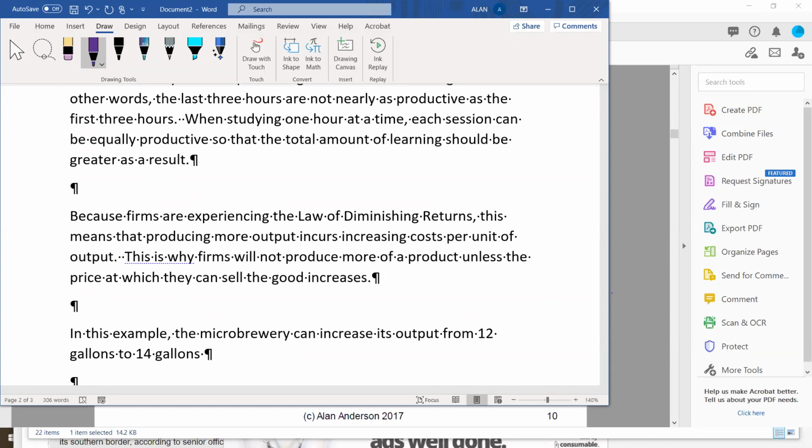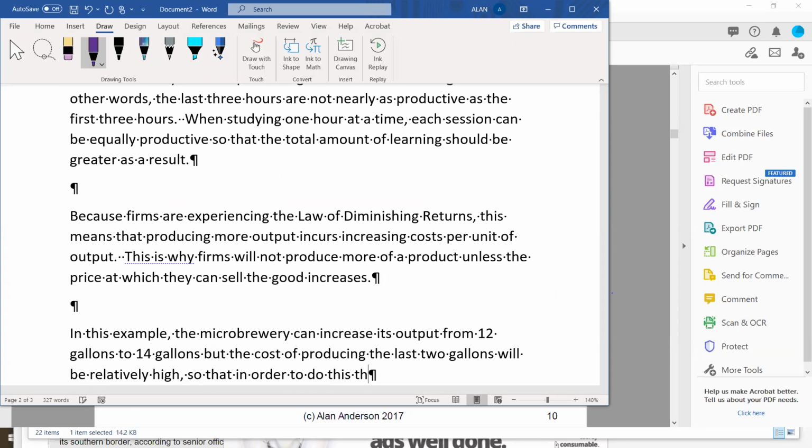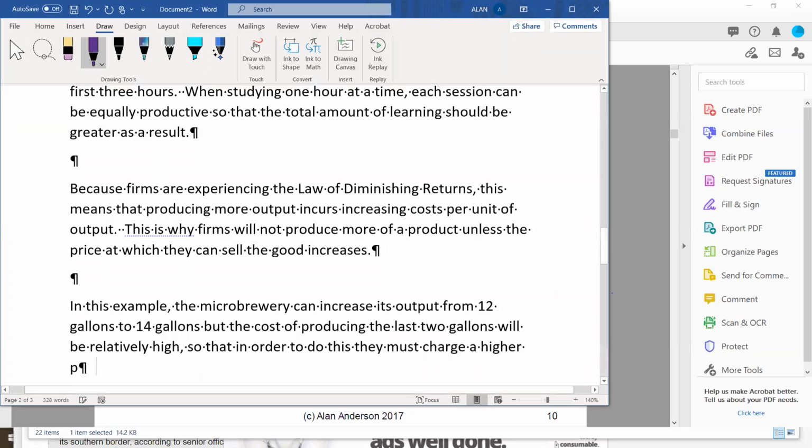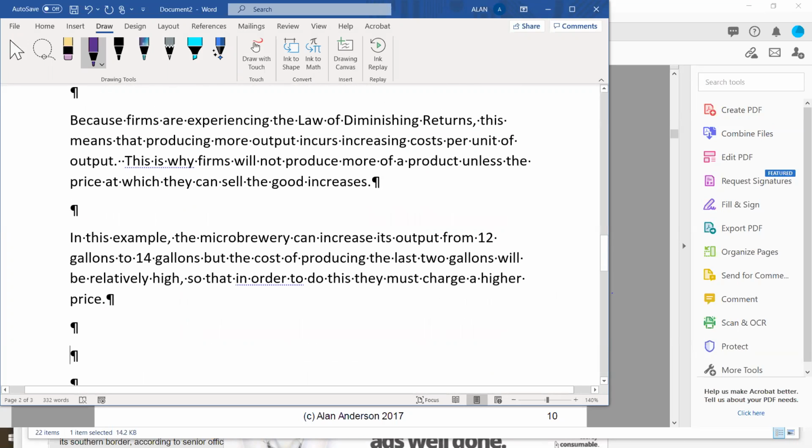But the cost of producing the last 2 gallons will be relatively high, so that in order to do this, they must charge a higher price. Every extra gallon that they produce is going to end up costing them progressively more. And so because of that, they're willing to do this, but they have to get a higher price in the market when they sell this beer. So this is one of the reasons why the supply curve is upward sloping.